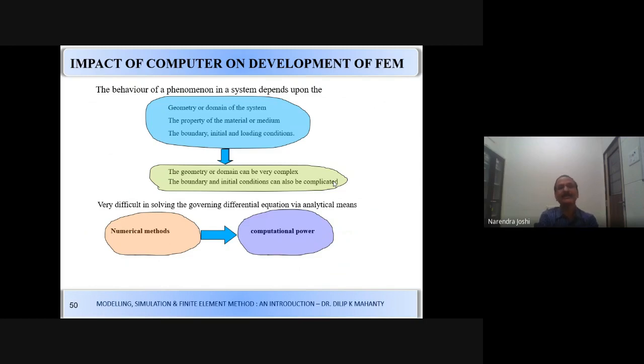The behavior of a system or phenomenon depends on geometry, domain of the system, property of the material, medium, boundary and initial conditions. The domain can be very complex, and loading can be too. So numerical methods have been developed so that I can get better results, and this is possible through the computational power developed over time.